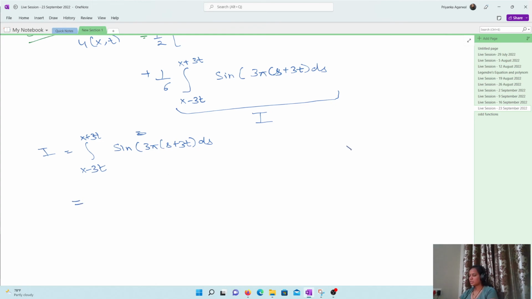We know that x lies between 0 and 1. This sine function is actually an odd function also, right?